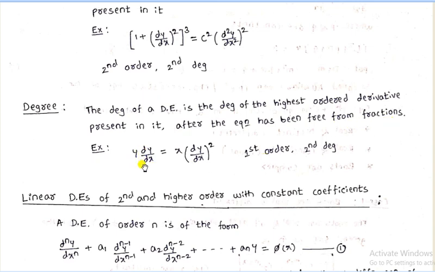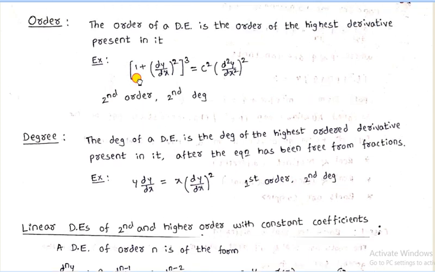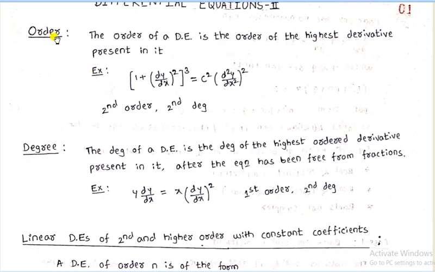Example, y dy/dx = x (dy/dx)^2. The order of left hand side and right hand side is 1 here, but the power on the right hand side is 2, therefore its degree is considered as 2: first order and second degree. So this is about the definition of order and degree.